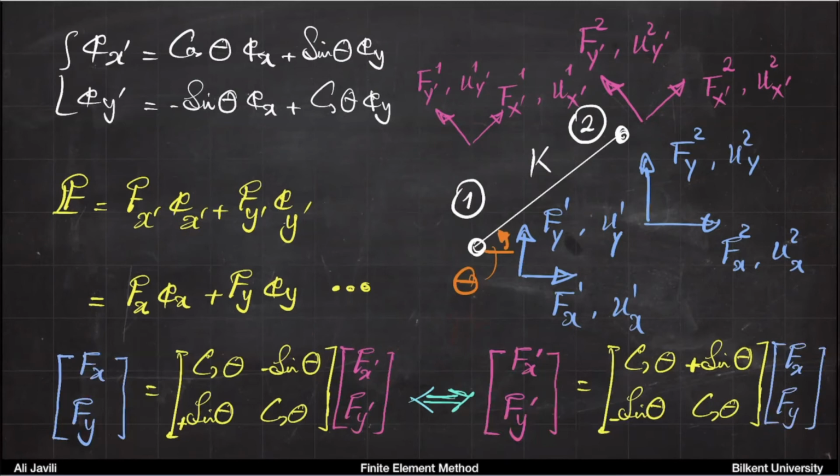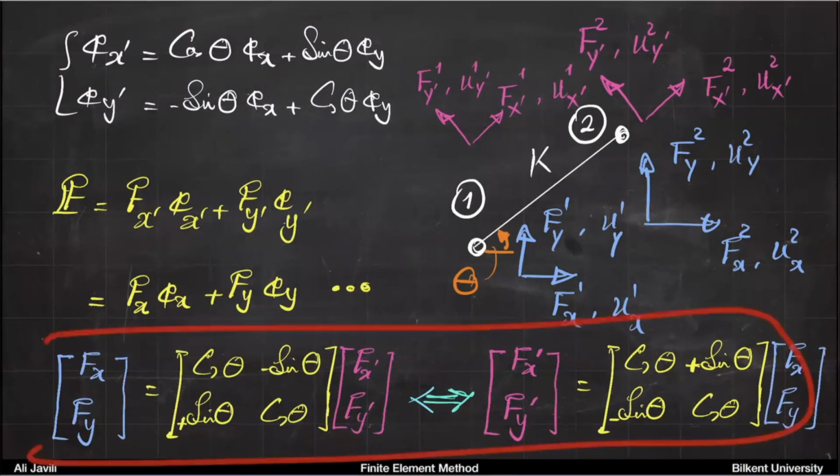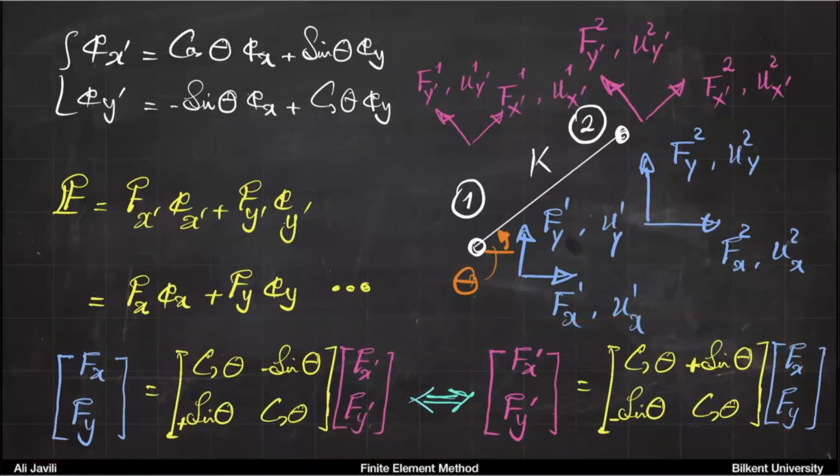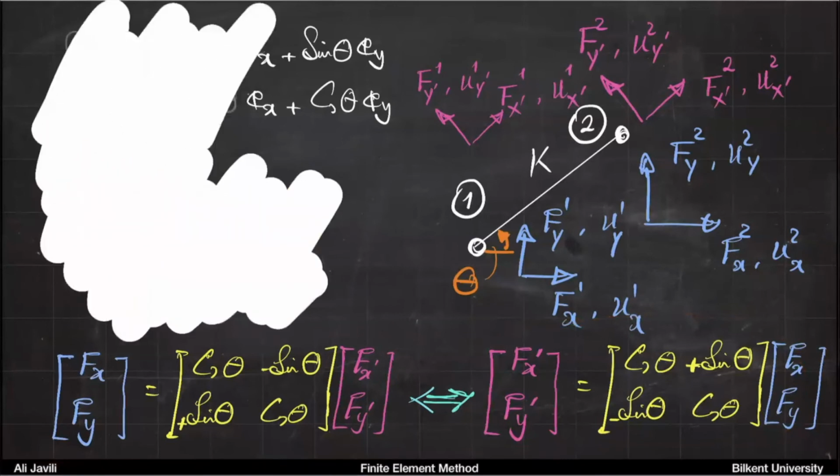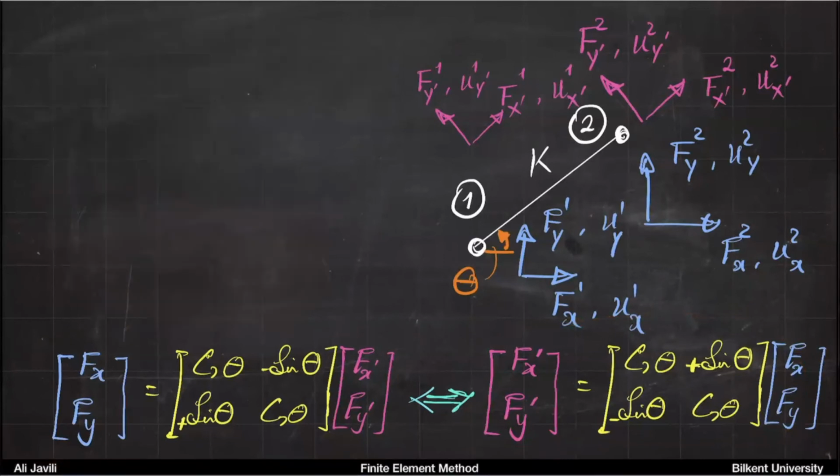So let's say we know that we have this information here. We want to know what we can do with it. So now I'm going to write the entire force vector in terms of these angles. So I'm going to write something like this, and I want to write the pink one maybe on the left.